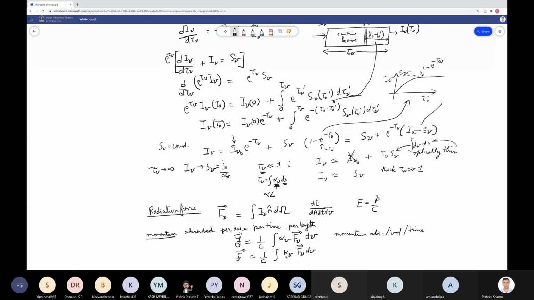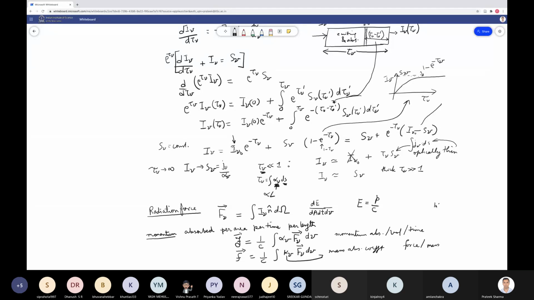You recall this is the mass absorption coefficient. So this is force per unit mass. Momentum per unit time is force, and this is force per unit mass.